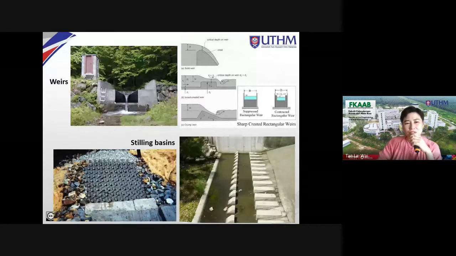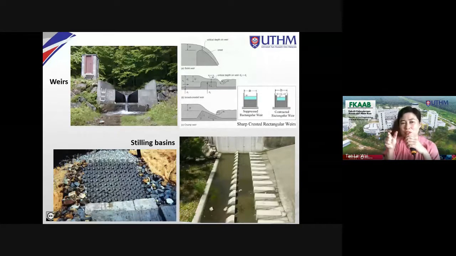Later we'll see, when I say sharp, how are you going to define sharp? It's actually based on the thickness of water flowing over it, compared to the thickness of the crest of the weir itself. You can classify it into whether it's broad crested or sharp crested.